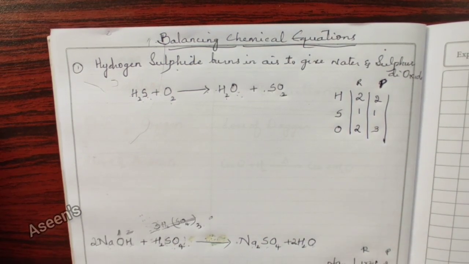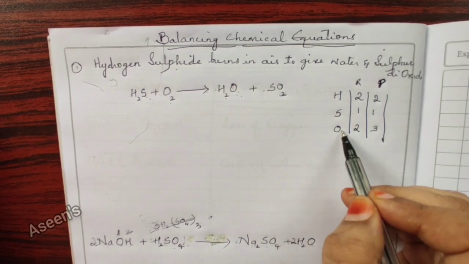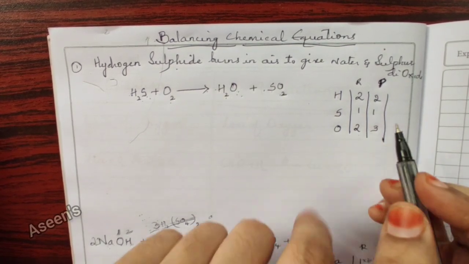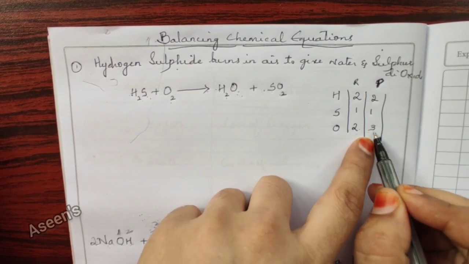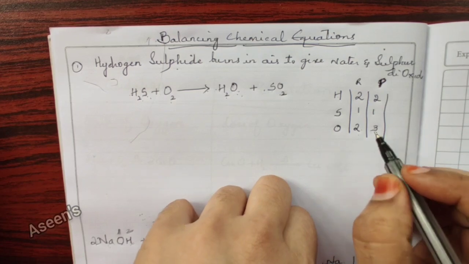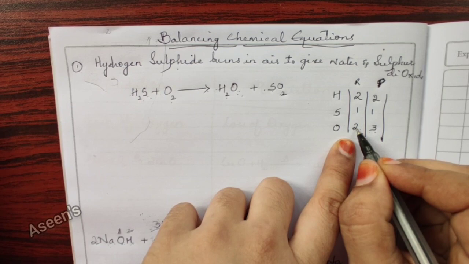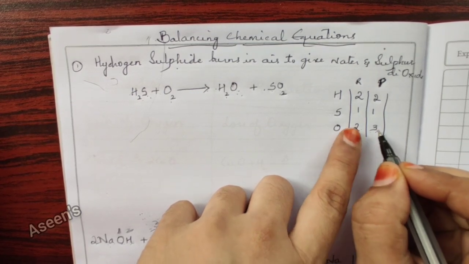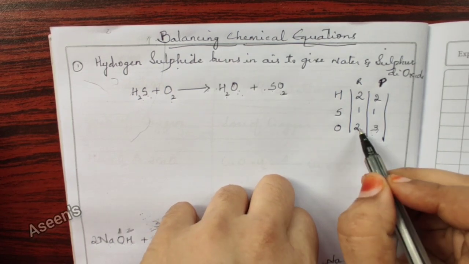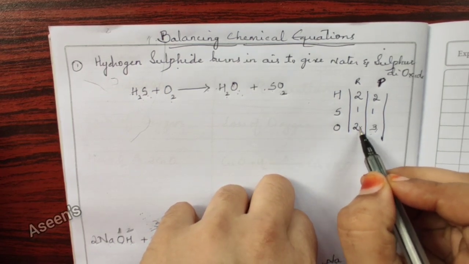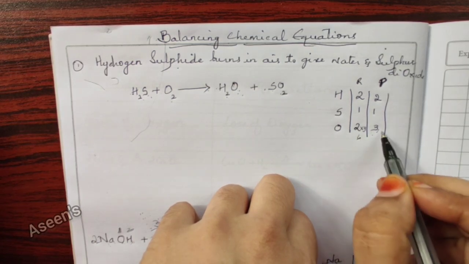Now trying to balance. See here, hydrogen and sulfur almost look correct, but oxygen is imbalanced. But you cannot multiply 2 with anything to make it 3. And hence what I am going to do is multiply 2 and 3 with different numbers so that I can get the same number. Like if I multiply 2 with 3, I'm going to get 6.